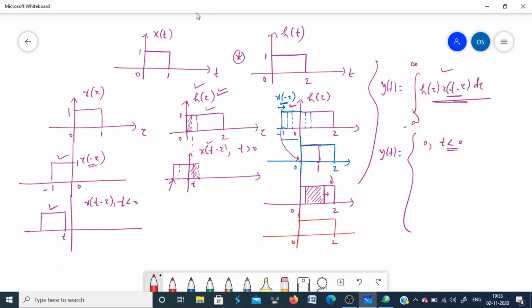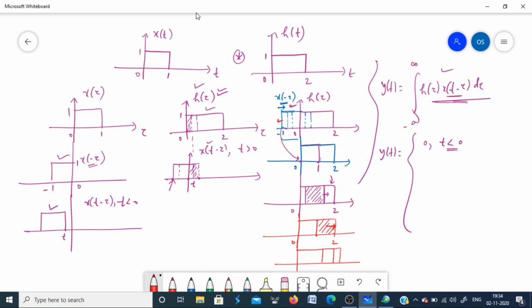It means when x of minus tau is shifted by 2, the second function will reach between 1 to 2. Beyond that, if you shift it beyond t equal to 2, some portion of this will go outside this, because this is sliding.